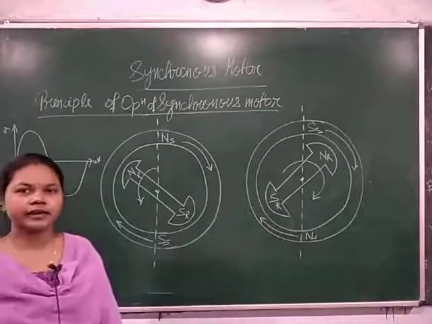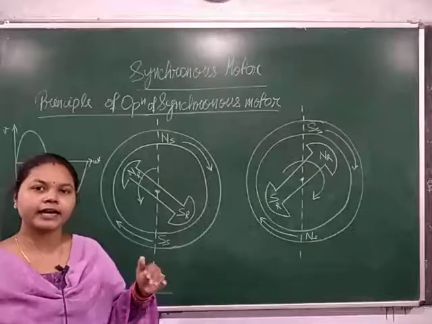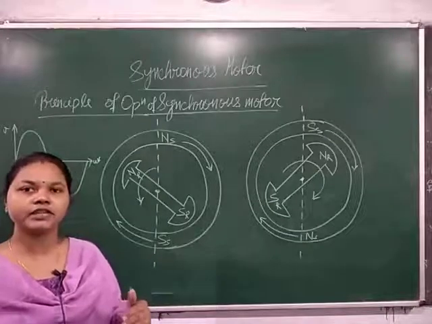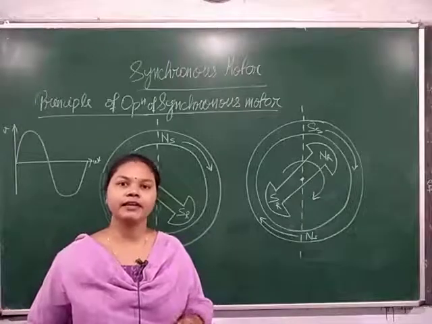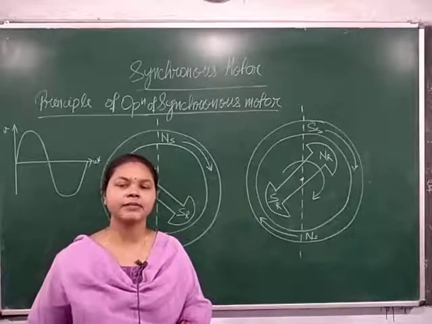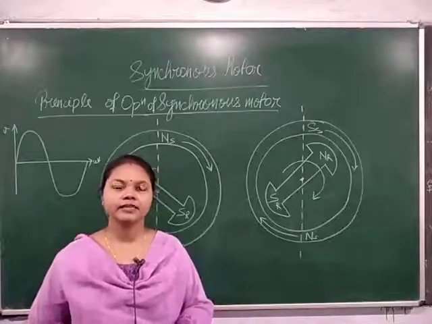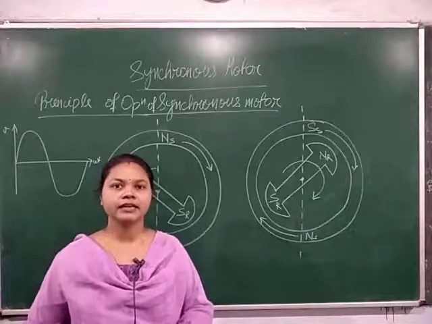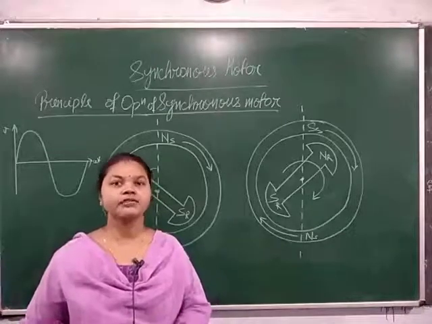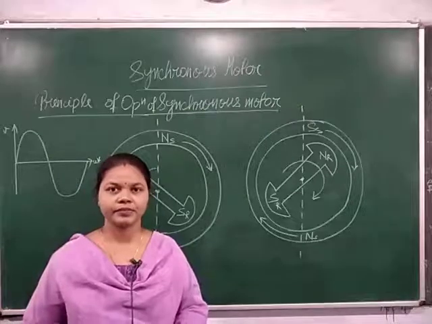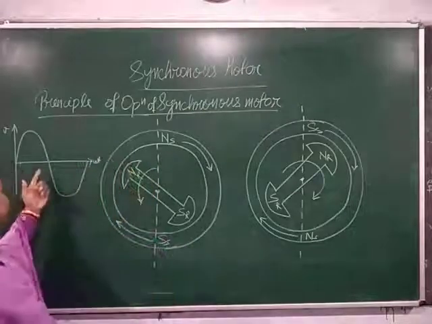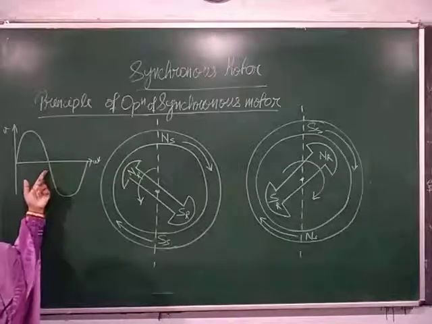I repeat, when you give three-phase AC supply to the armature winding, which is constituted by the stator of a synchronous motor, then a rotating magnetic field is created, which is alternating in nature.